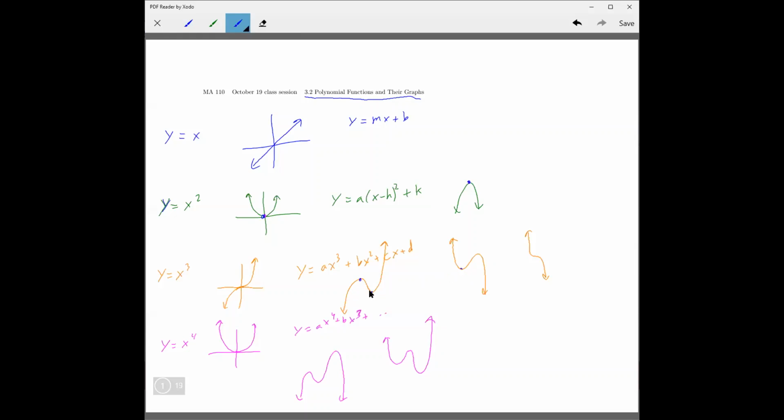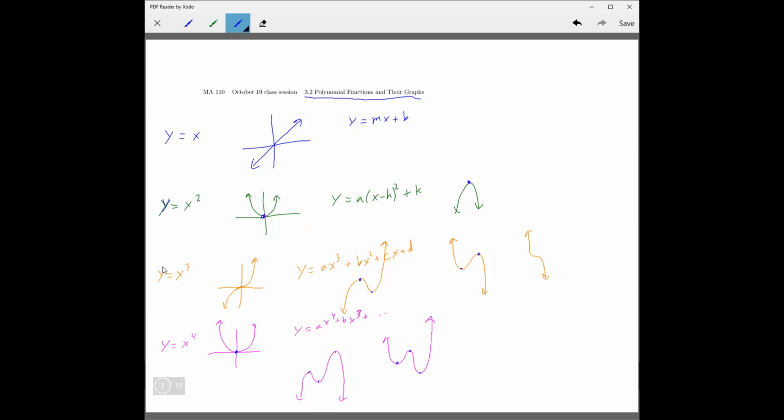Like this is a local maximum, this is a local minimum, local maximum. For these ones, you've got three of these. Like for here, you have two local maximums, a local minimum. Here you got two local minimums, one local maximum. Here you have a local minimum. Okay, so those are different situations that we have.